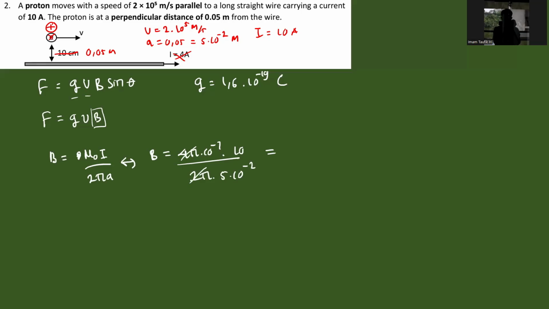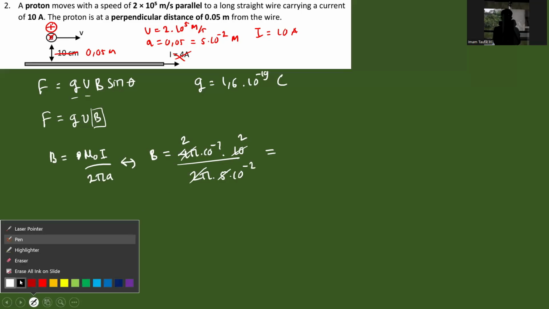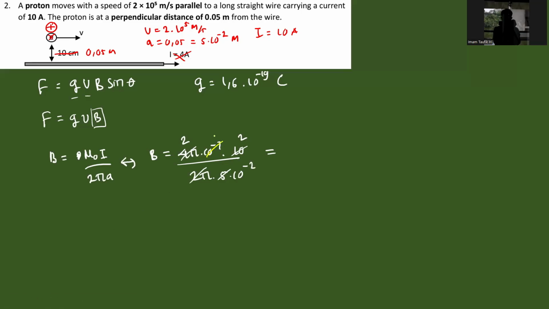Okay, 4 over 2 is 2, then 10 over 5 is 2 also. Then 10 power minus 7 over 10 power minus 2 will be 10 power minus 5.